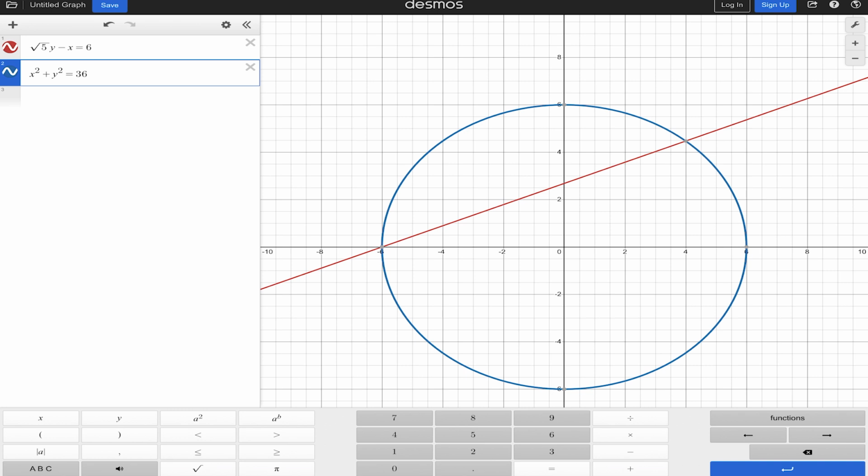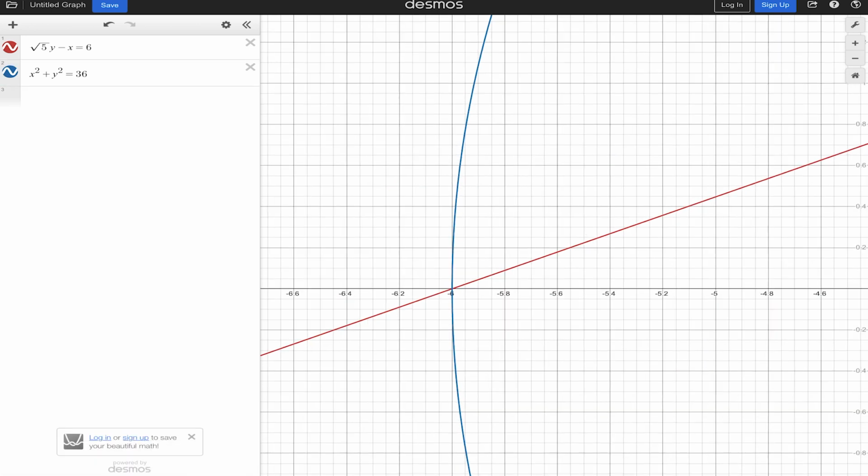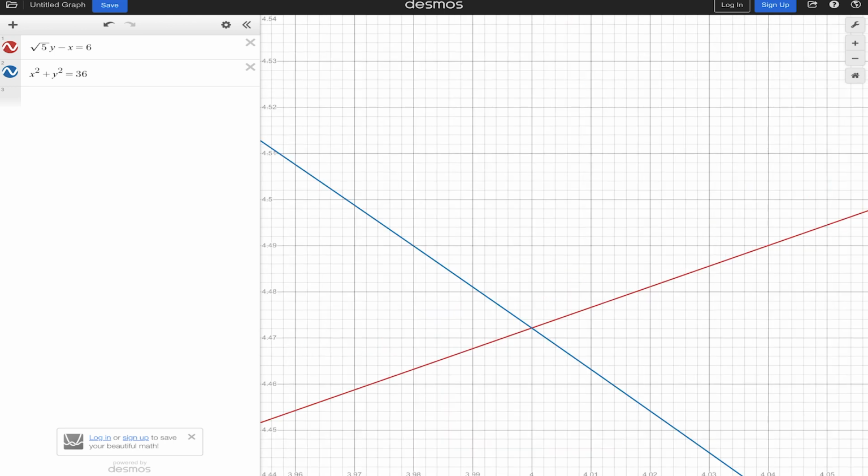The first one was x is minus 6 and y is 0, and that's that one there. You can see that's true. And then the other one we had, x was 4 and y was 2 root 5. If you look down the bottom of the screen, you'll see that x is 4 and y is 4.47 something, which obviously the exact answer is 2 root 5.